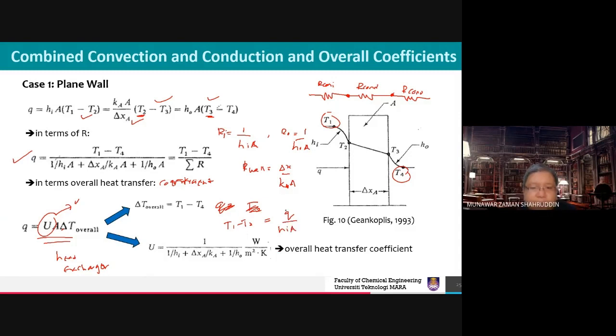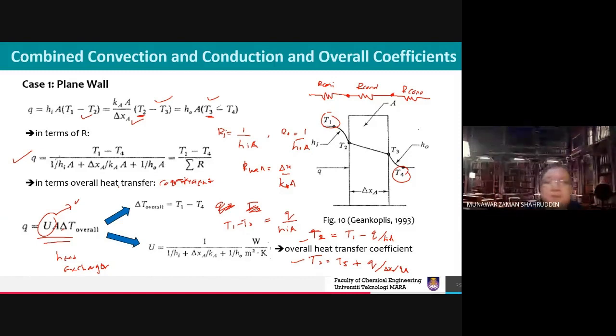So if you want to determine T2, T2 is T1 minus Q over hiA, or T2 equals T3 plus Q times delta x over kA. And likewise for T3 and so on.